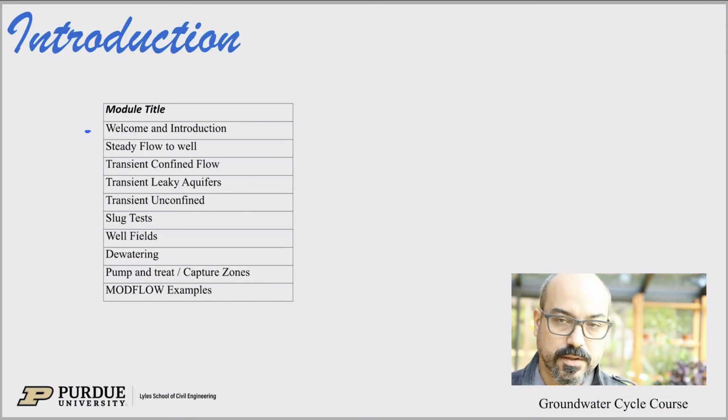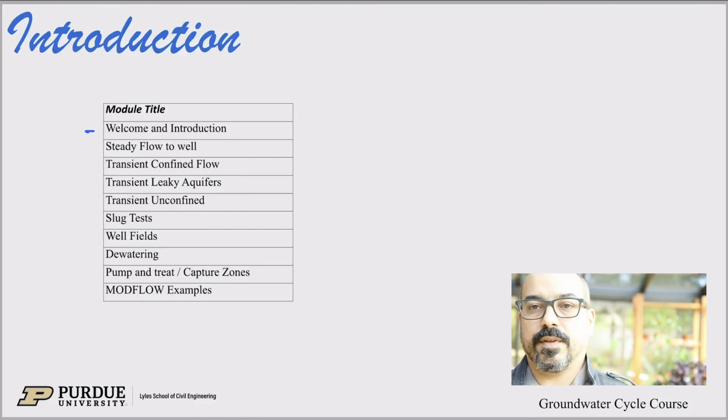So again, the welcome introduction we just did, and then we'll get to steady flow. So first thing is, if you have a pumping well, and it pumps forever at a steady flow rate, then what is the influence of that on the aquifer? And we'll typically deal with confined aquifer and unconfined aquifer separately. And again, if you don't remember what those are, I invite you to go back to the definitions in the previous course.